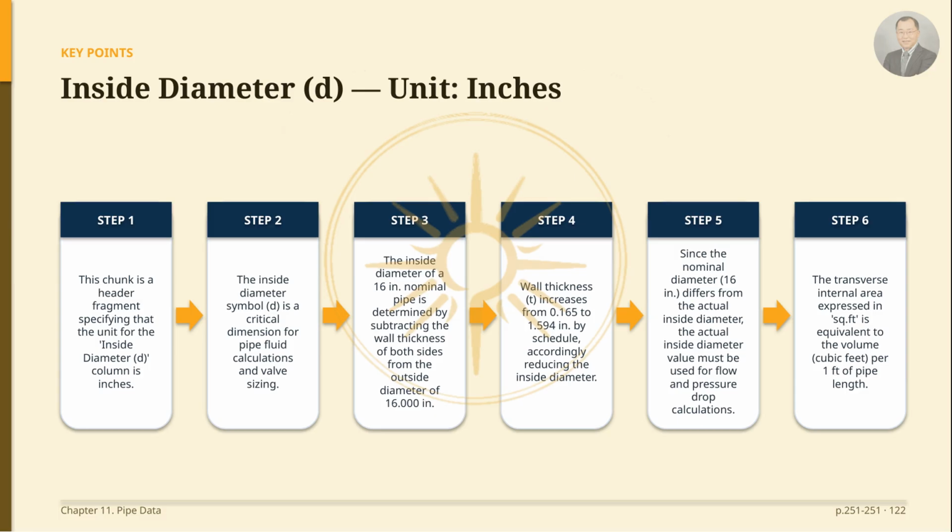As the wall thickness increases from 0.165 inches to 1.594 inches, the inside diameter gradually decreases. Since the nominal diameter and the actual inside diameter are different, please be sure to find and apply the actual inside diameter value for the corresponding schedule from this table when calculating flow rate or pressure loss.